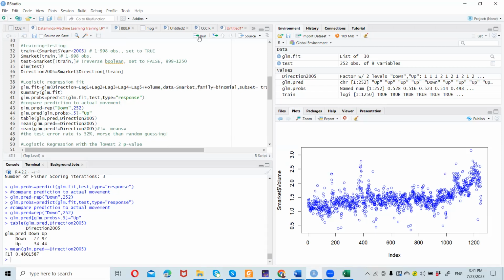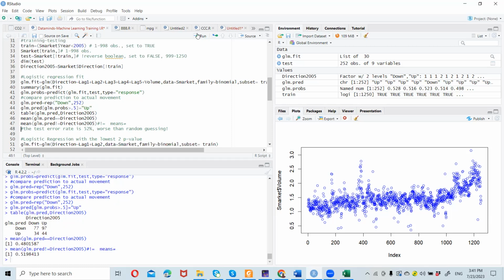Now, what about line 47? Yes, line 47 is here. I put a note there already that line 47 also gives us a 52% error rate.